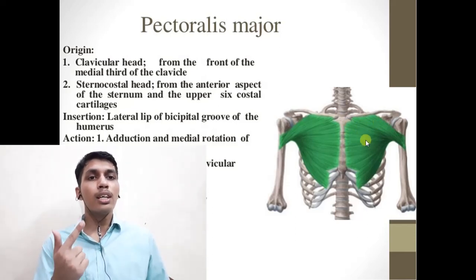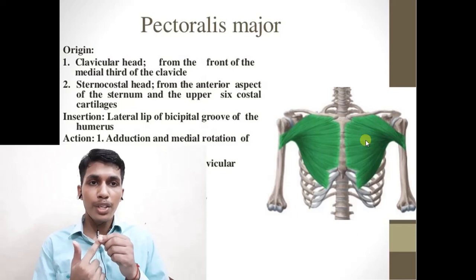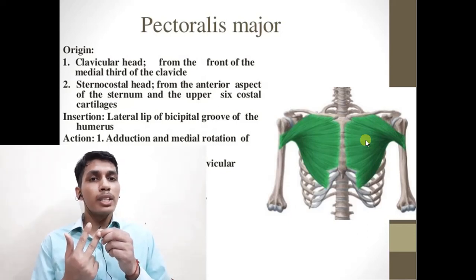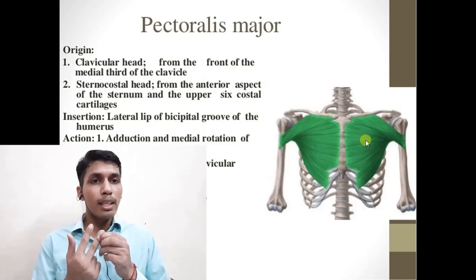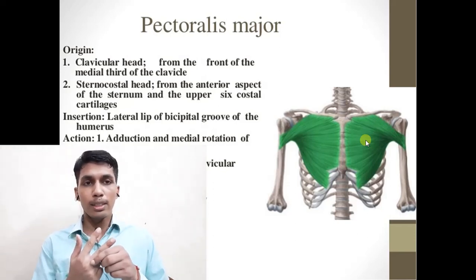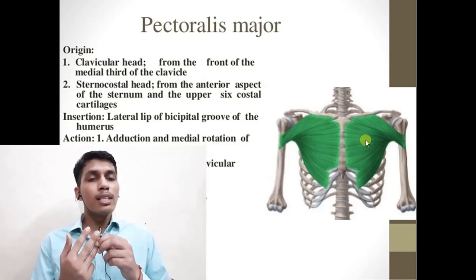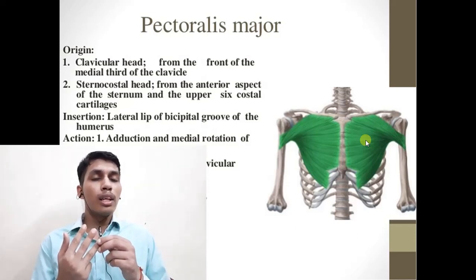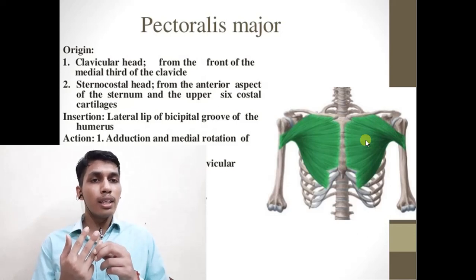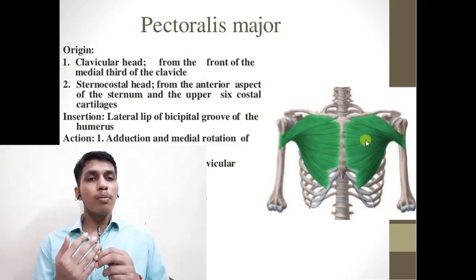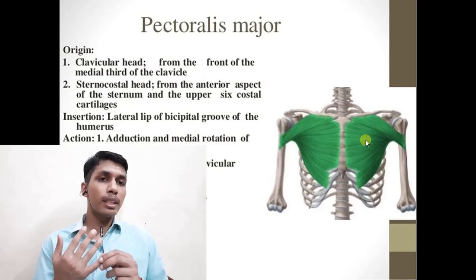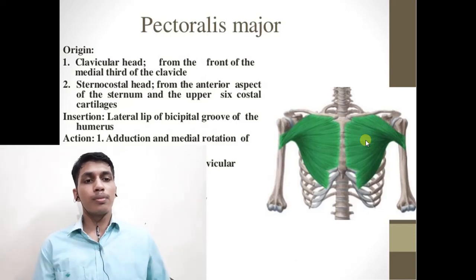Secondly, fascia: there exists the clavipectoral fascia. Then muscles: there lie the subclavius muscle, serratus anterior muscle, pectoralis minor, upper part of the biceps brachii and coracobrachialis. Then vessels or the blood supply: there lie the axillary artery and axillary vein. And nerve supply: there exist the cords of the brachial plexus and their roots.